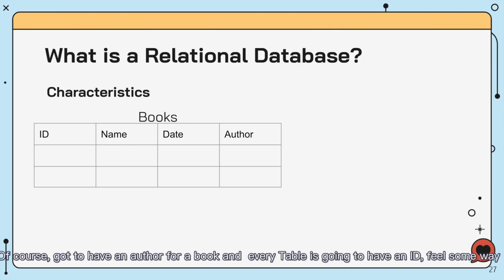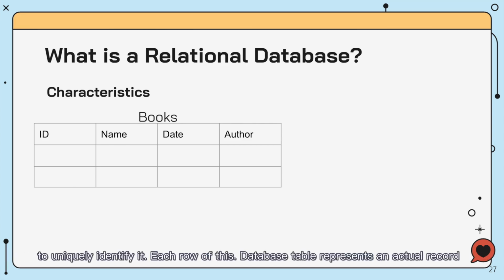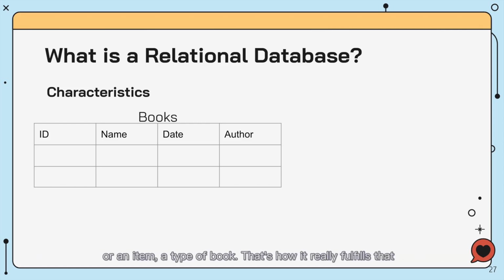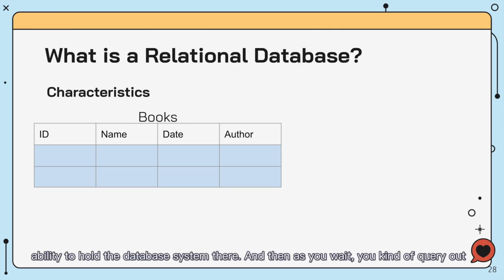Of course, you've got to have an author for a book, and every table is going to have an ID field, some way to uniquely identify each row. Each row of this data table represents an actual record or an item, a type of book. That's how it really fulfills that ability to hold data in the database system.